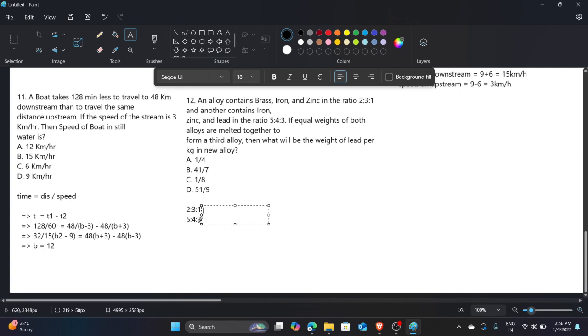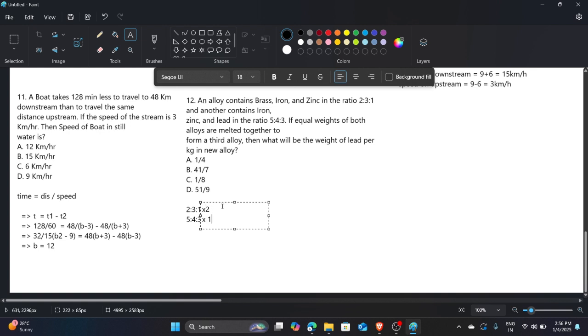So we multiply the first by 2 and the second by 1, since they have to be equal.